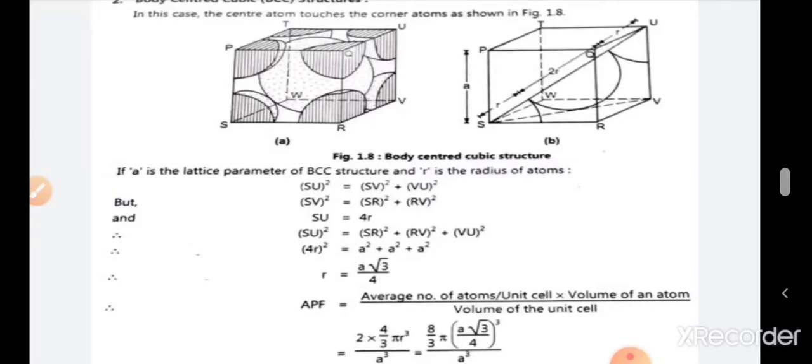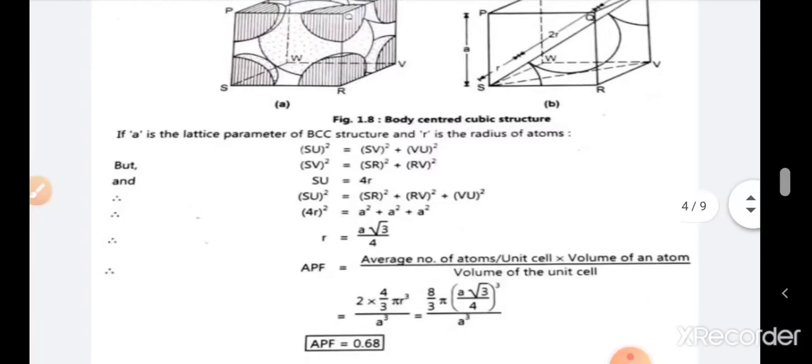As we know, the volume of the unit cell is the volume of the cube, that is a cube, whereas the volume of the atom, which is a sphere, we replace as 4 by 3 pi r cube, and the number of atoms in the unit cell for body centered cubic structure is 2. That's why the atomic packing factor is the ratio of 2 into 4 by 3 pi r cube divided by a cube.